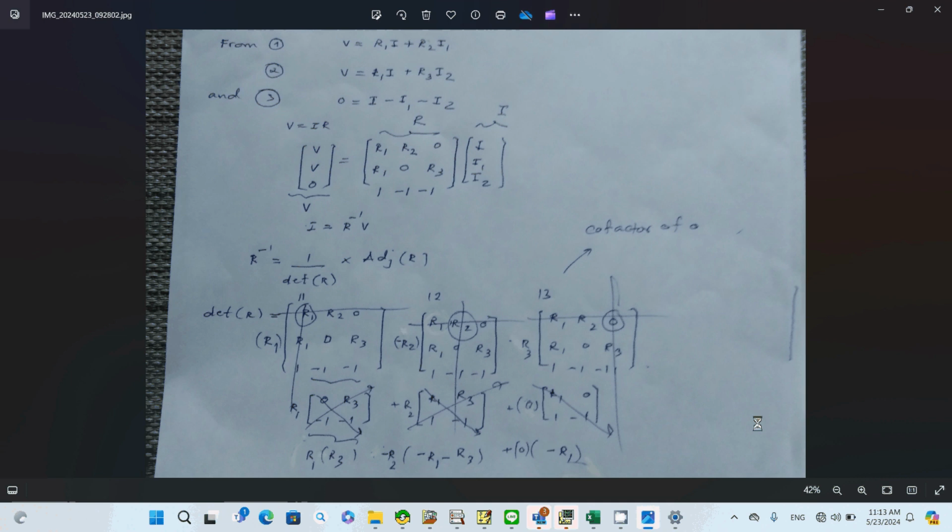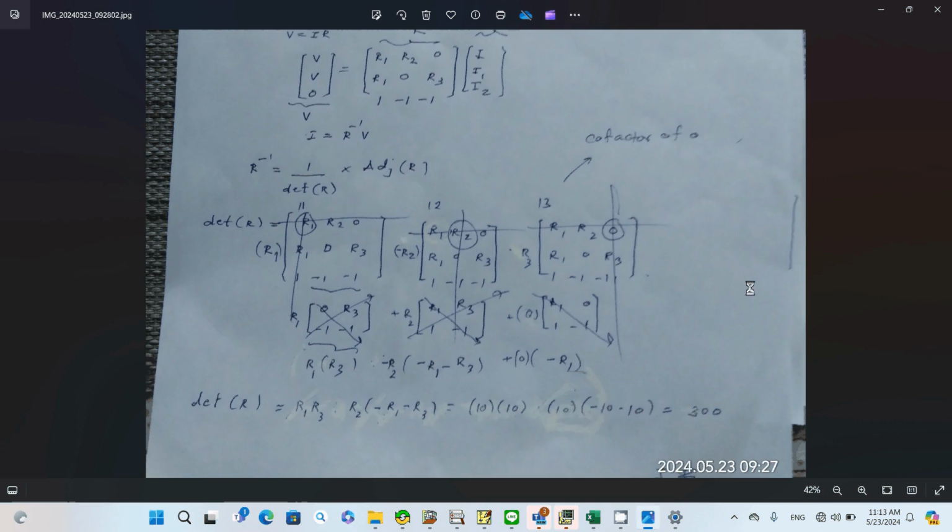And your determinant is going to be R1, R3, R2 multiplied by negative R1, negative R3. This one actually becomes the minus sign, sorry, my mistake. Sorry, positive, right? This is positive.